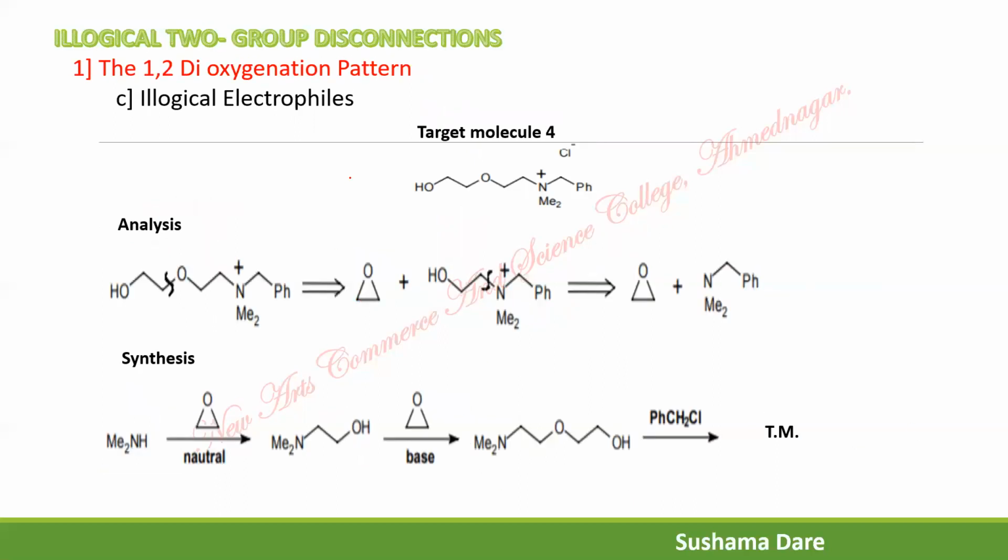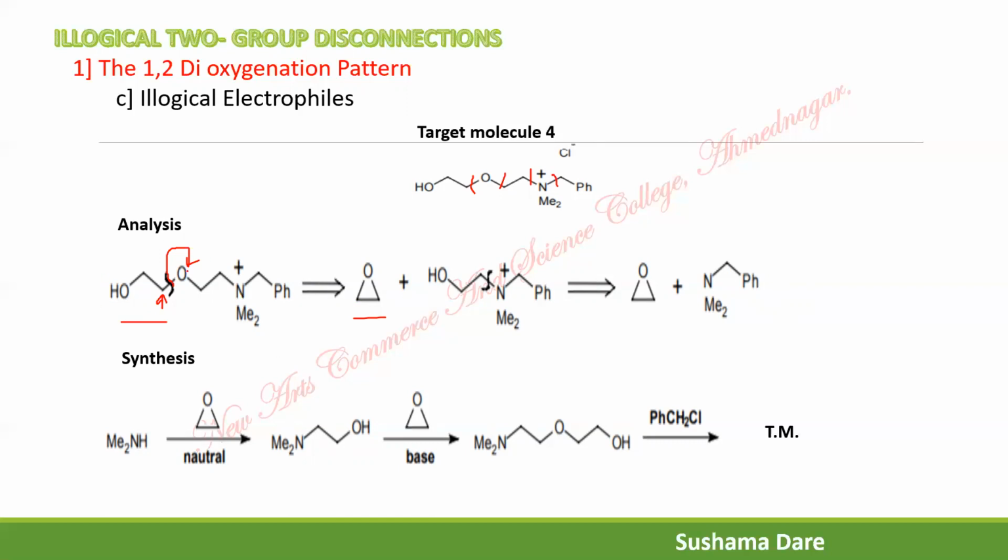Now in this example, what we see, how many different types of functional groups are there. We have a carbon oxygen, we have a carbon oxygen linking this way, you can disconnect this one, you can disconnect that. So among all possible disconnections, first of all we have to focus on the carbon oxygen disconnection, and again this is the base because the remaining part, the OH CH2 CH2 plus, the best synthetic equivalent for this is epoxide.